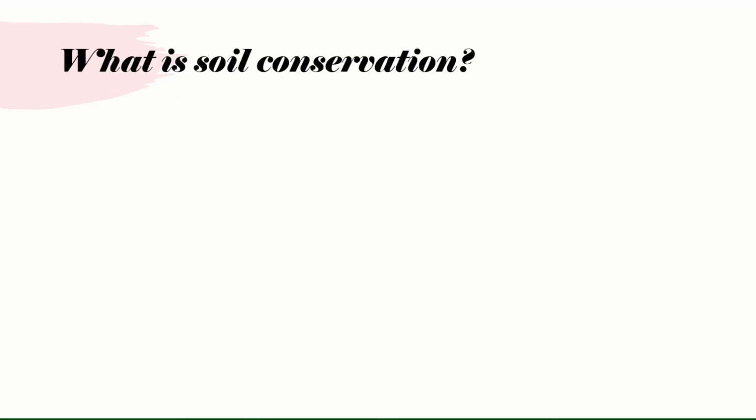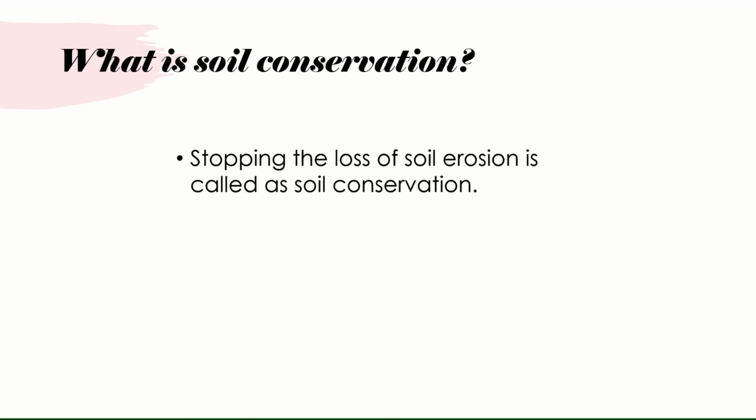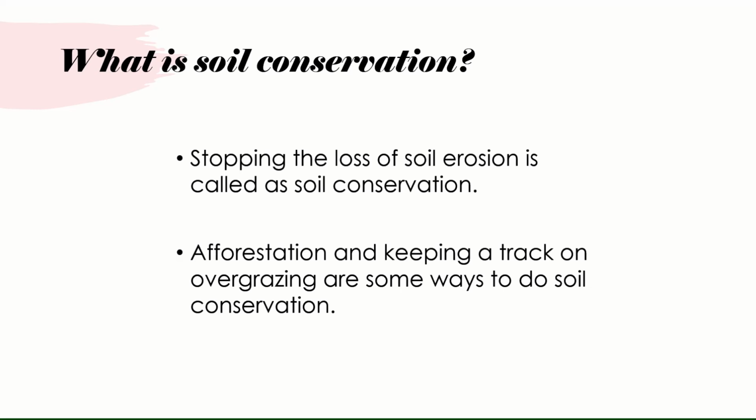Now, how to stop this soil erosion? Soil erosion has a big effect on the life of human beings, people and animals. So, how to stop it? We can do soil conservation, right? Conservation means protecting or preserving something. So, soil conservation means protecting the soil from soil erosion, right?